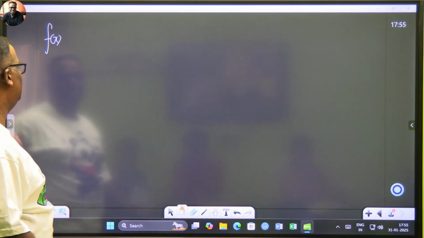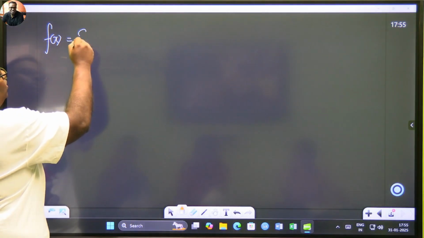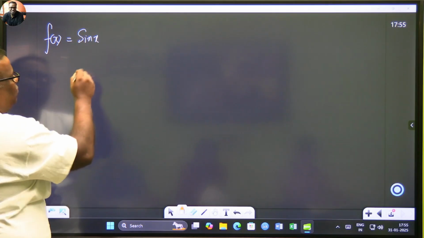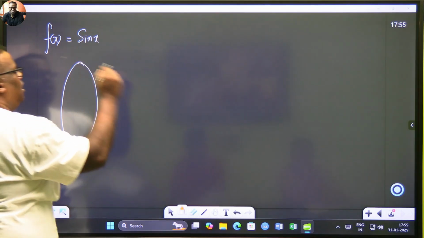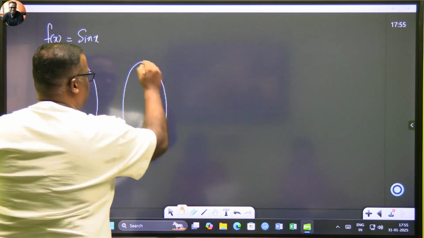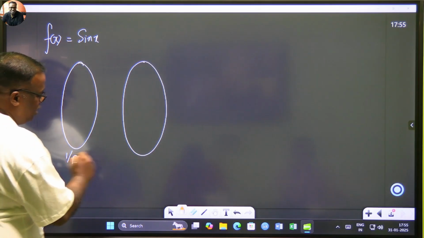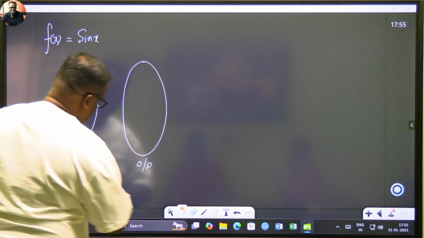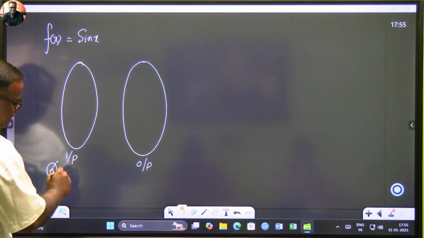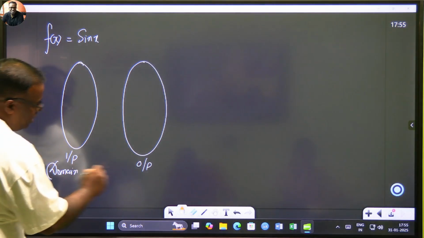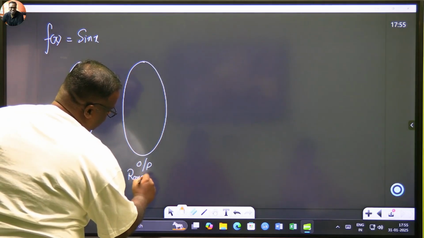Now let's see, f of x is equal to, say, sine x, and we make some mapping diagrams. We say this is my input and this is my output. In other words, this is my domain and this is my range. So I should fix what is my domain.